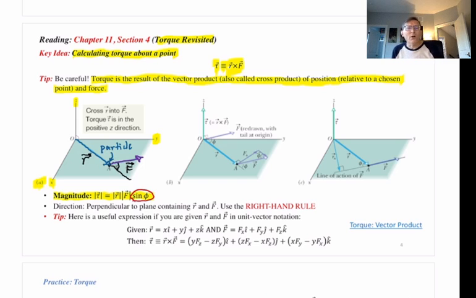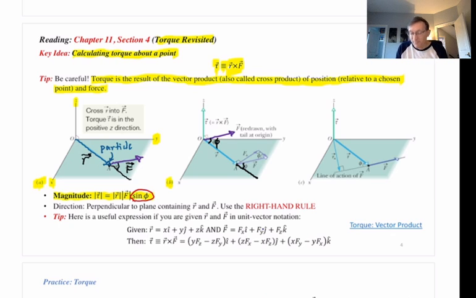Well, maybe we better draw R and F with a common tail so we can be sure that we got this phi right. So now let's look at picture B, the second picture. Same scenario, xy plane shaded green, particle A is out there, position vector R, force F, but now they've redrawn F with its tail at the origin so that it has a common tail with R. And sure enough, there's the angle between them, and it's the same angle as we have out here, phi.